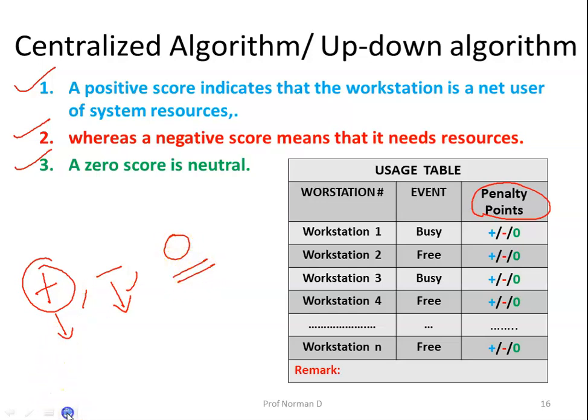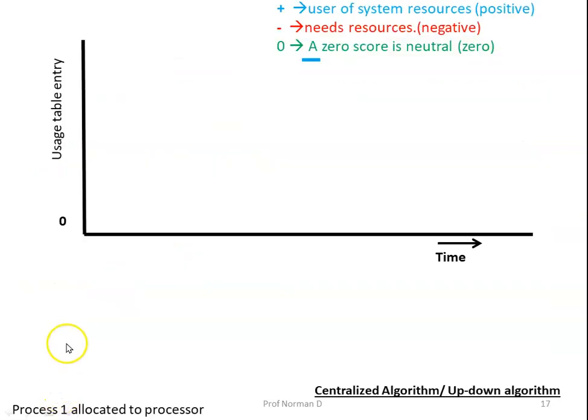Let's understand this example. Let's consider some workstation. So let this be workstation 1, and a process M has moved to this workstation to execute.